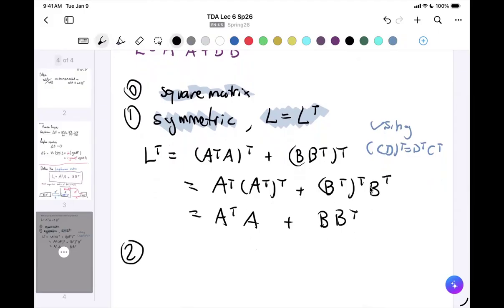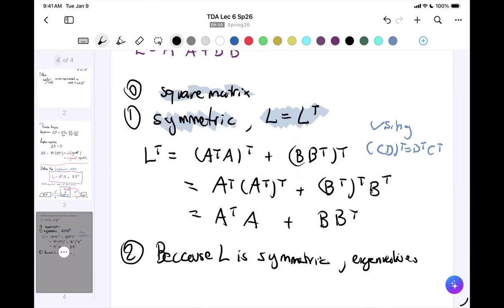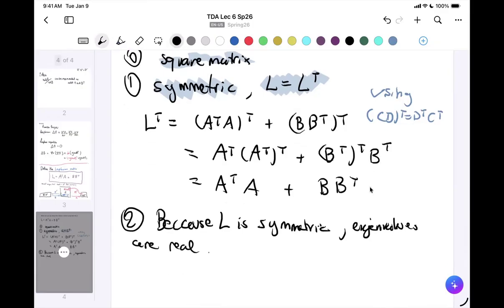So because L is symmetric, the eigenvalues are real. But what is true, moreover, because of this particular form of the matrix, is that you can say they're not negative.